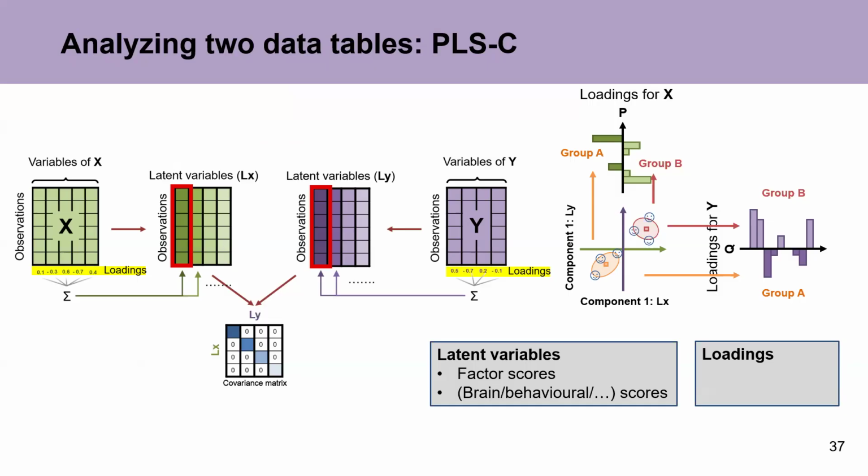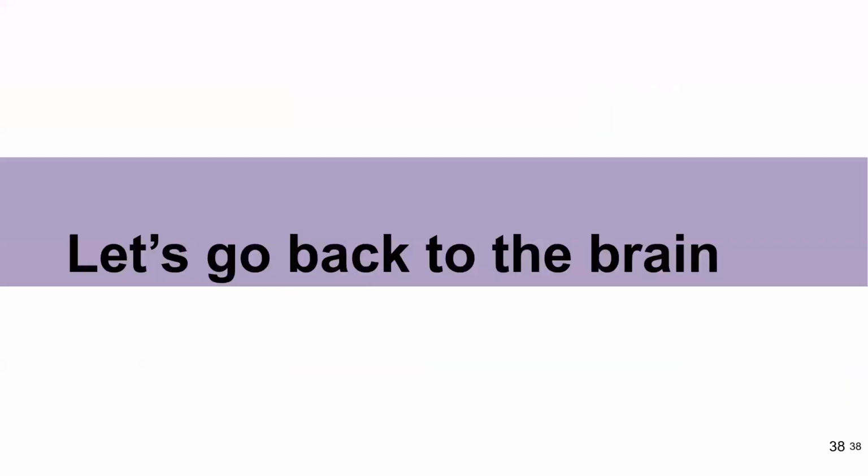And loadings in the PLS literature, can you see from here? You guys see? Sometimes people just refer to them as singular vectors or saliences. That's also specific to the PLS literature.